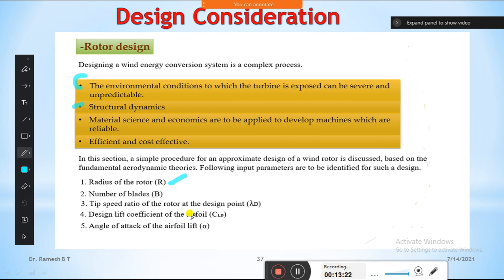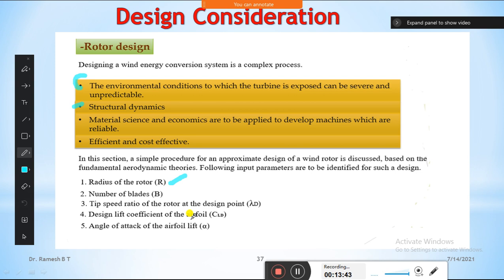And then there is solidity. Solidity of the rotor is the ratio of the projected area of the rotor to the swept area of the rotor. We denote it by the solidity of the rotor.